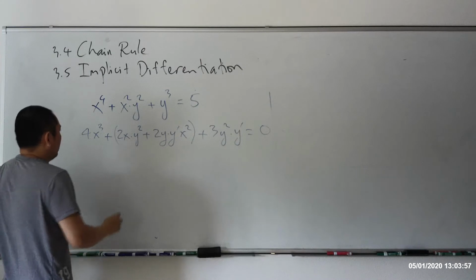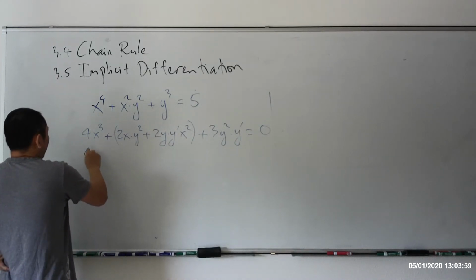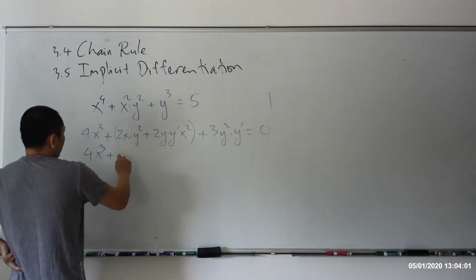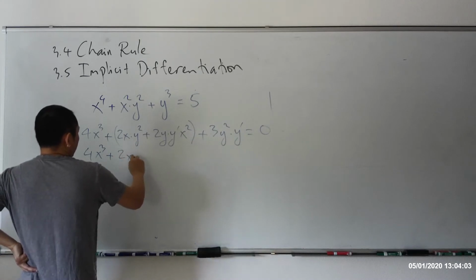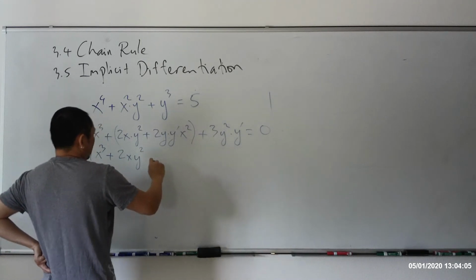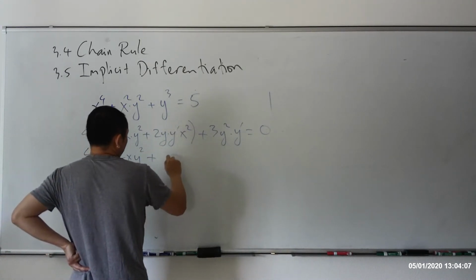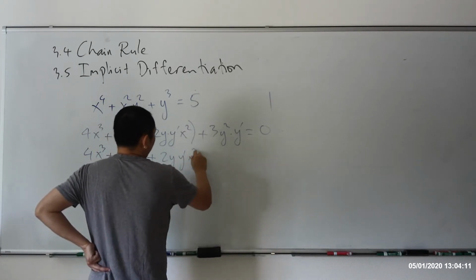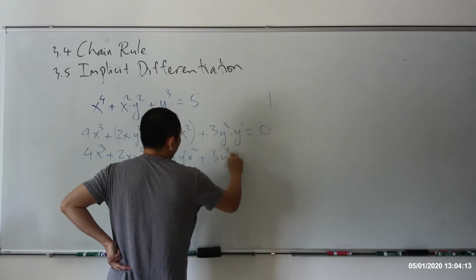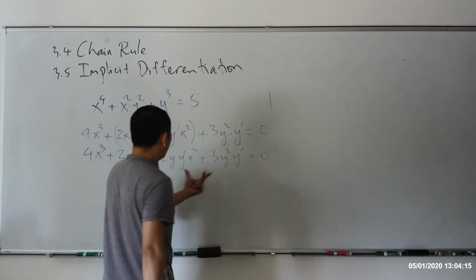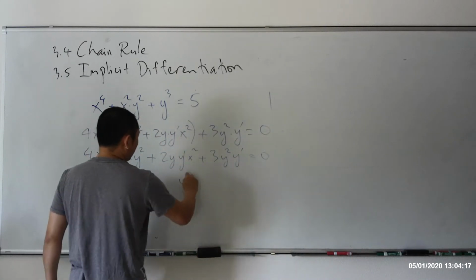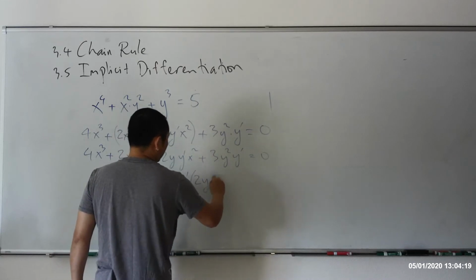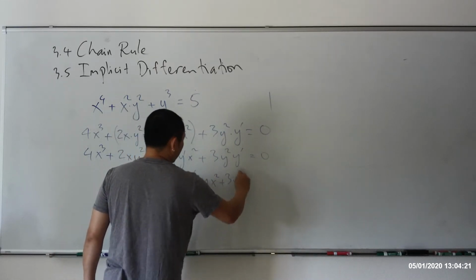Now let's simplify. I got 4x cubed plus 2x y squared plus 2y y prime x squared plus 3y squared y prime equal to 0. I can group the y prime together in here. I got 2y x squared plus 3y squared.